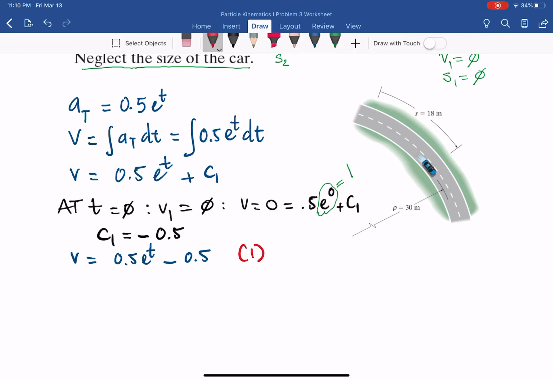And then we can continue with the distance, because they give us that the car traveled s equal to 80 meters. So we want to find the equation with the distance as well. So we have v, so we take another integral to get s. So we have s equal to the integral of v dt, and we can plug in 0.05 e^t minus 0.05 dt.